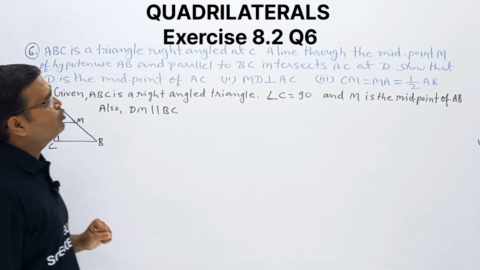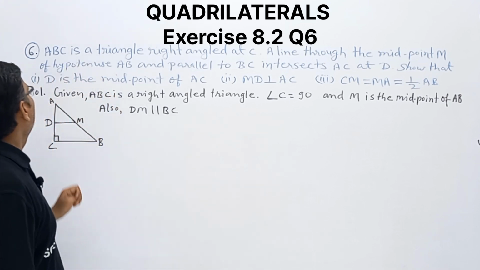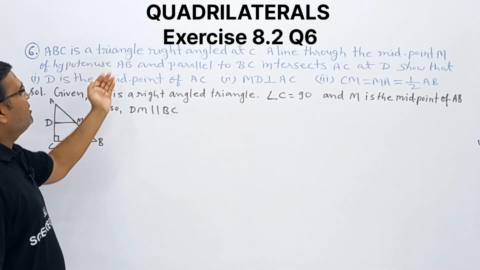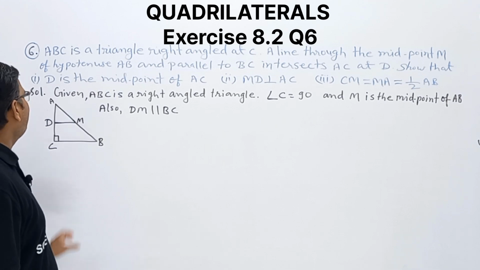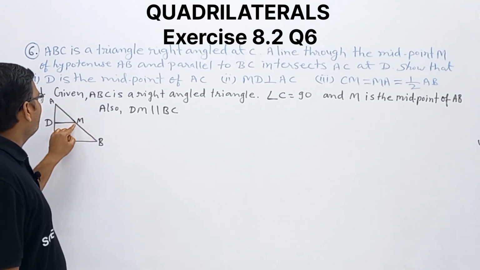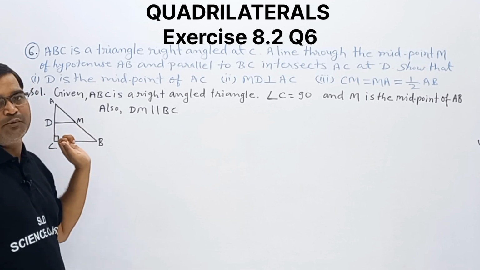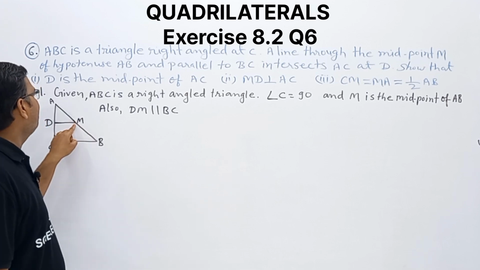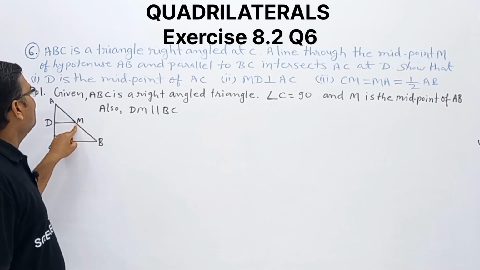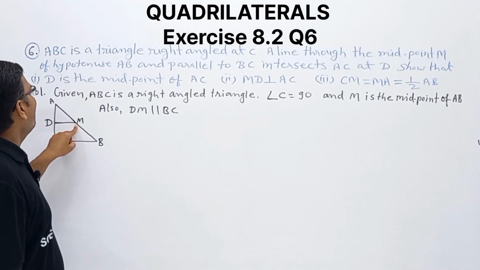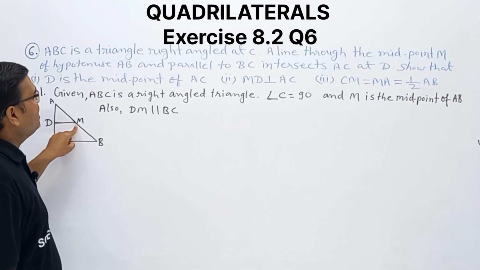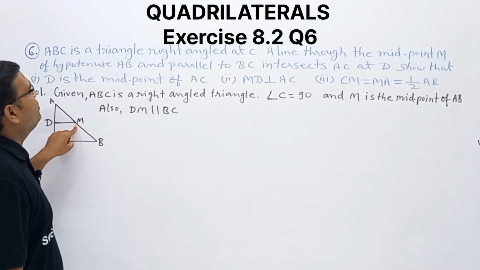Clear? A line through the midpoint M of hypotenuse. We are taking one midpoint on the hypotenuse. This AB is what? Hypotenuse. And the midpoint of this one is M. A line through the midpoint M of hypotenuse AB and parallel to BC.